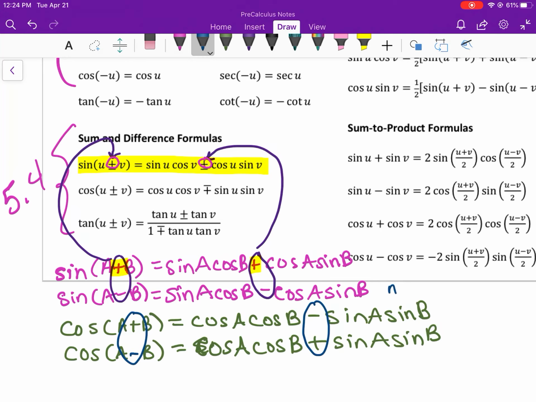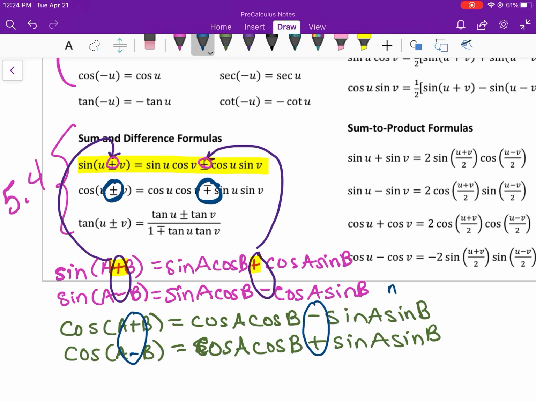So the plus minus has a minus plus right here. Look at the signs. So just pay attention. If you want to use your formula sheet, instead of your notes, cosine u plus v will have a minus sign joining the two terms. You have to use the sign on top.